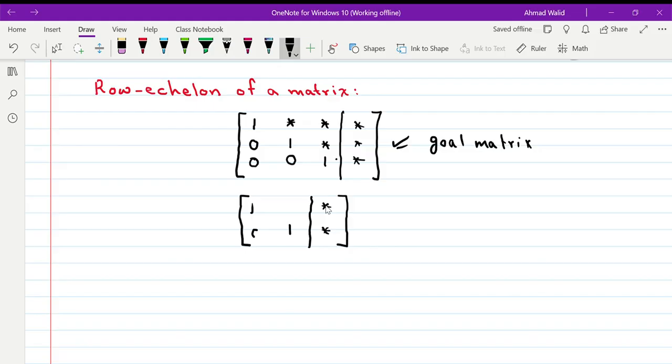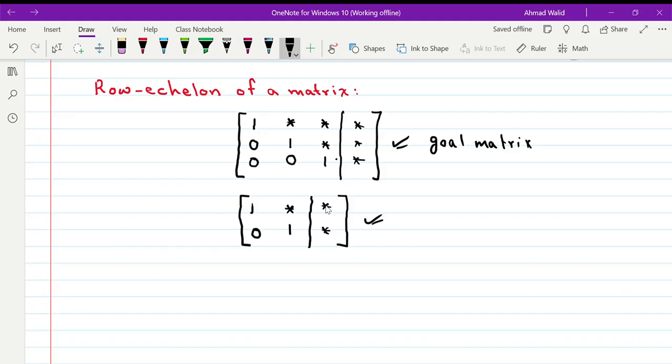Here under the 1 I have 0, and here a star or another number. I call this one the row echelon matrix, or a goal matrix, to solve a system of linear equations in 2 variables. In the 3 by 3 one, you can solve a system of linear equations in 3 variables.